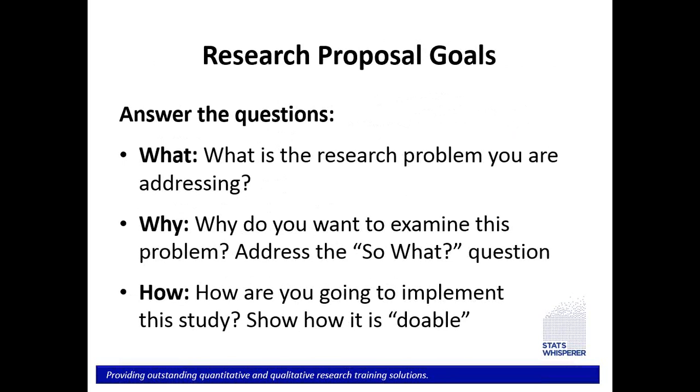Next is why. Why do you want to examine this research problem? This addresses what they call the so what question. So you do a study and the results turn out to be X, Y, Z, then so what? What good are the study results? What are the consequences? What effect do they have? So what? That's the why.